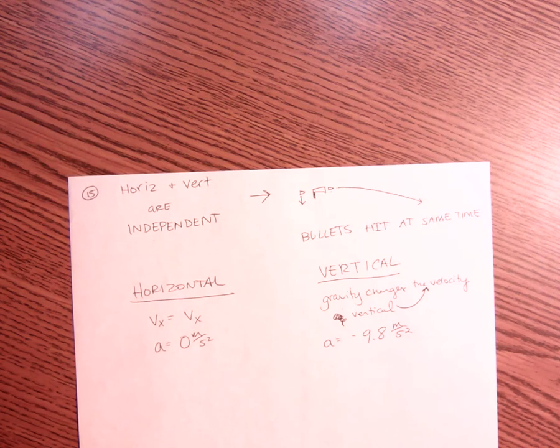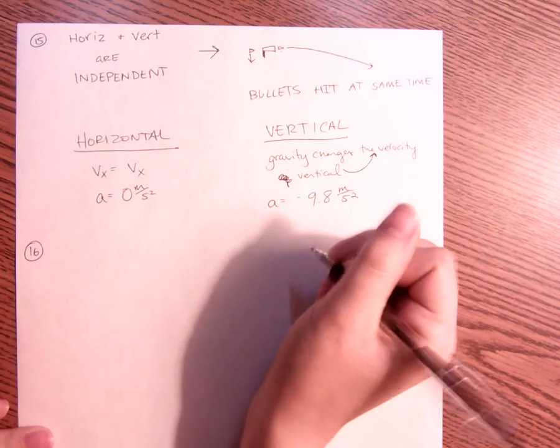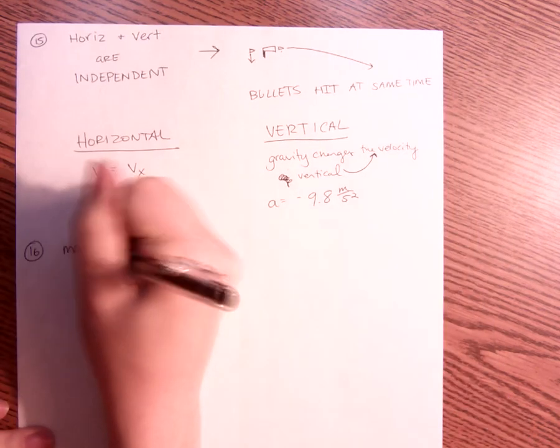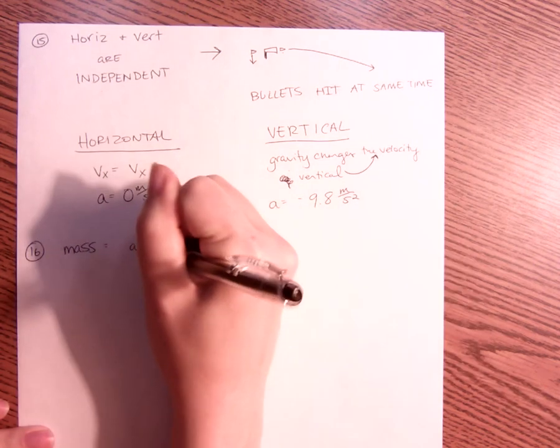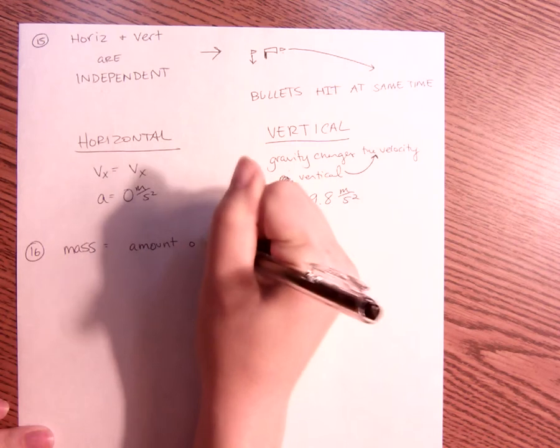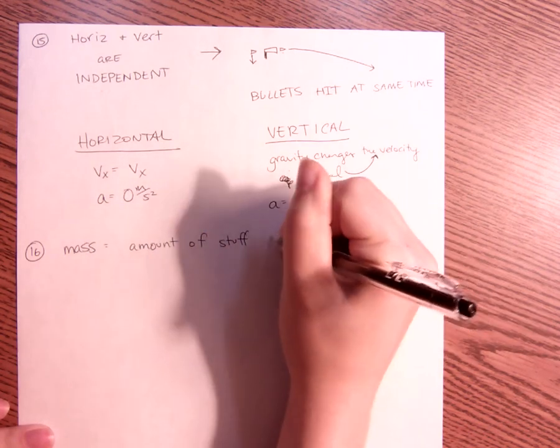Alright, moving on. Number 16. How is mass different from weight? Mass is the amount of stuff that makes up an object.